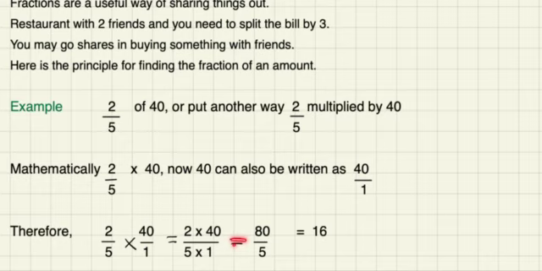And so this comes out as 2 times 40 is 80, 5 times 1 is 5. And then all you need to do is divide 5 into 80. You can do that by the bus stop method or whatever. I've done a bit of a calculation beforehand to save time, but 5 goes into 80 16 times. So the answer to what is 2/5 of 40 is 16.